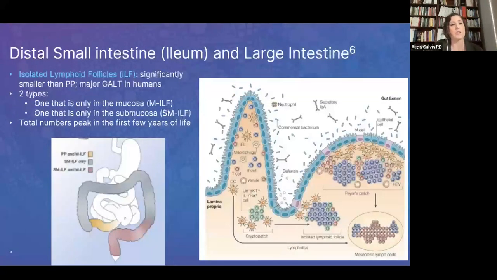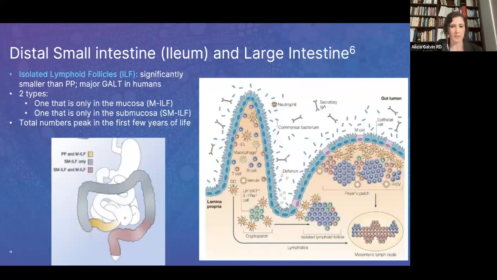Now, when we get down to the more distal part of the small intestine, which is the ileum, and into the large intestine, that's when a different kind of GALT starts to show up, and that's the isolated lymphoid follicle. There's technically two different types.